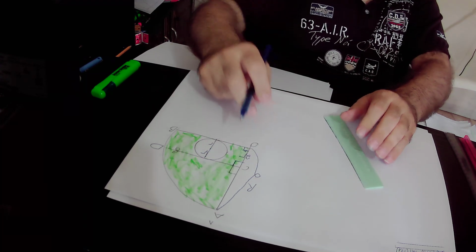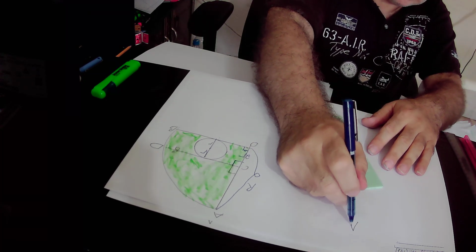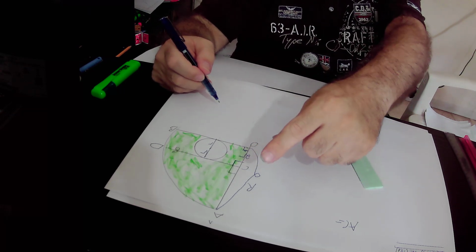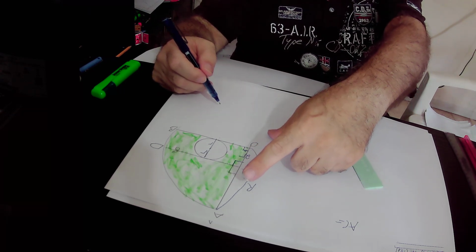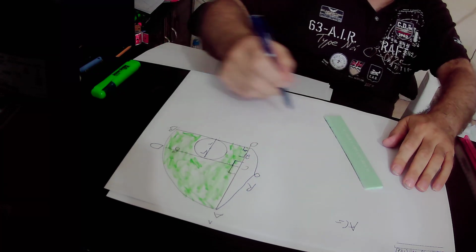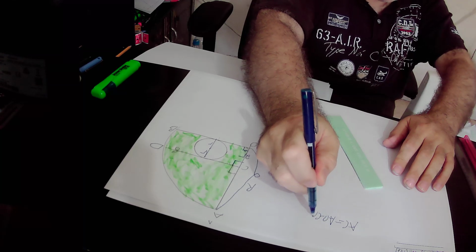What is the length of line segment AC? From the drawing it is very easy to see that AC equals AO minus CO. Again, AO minus CO equals AC.